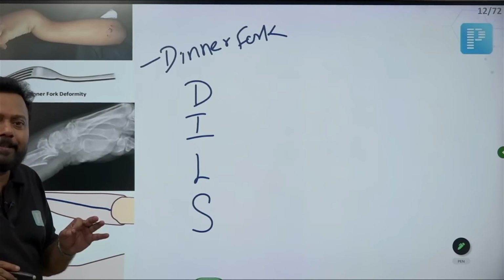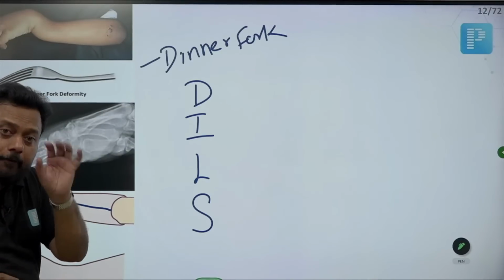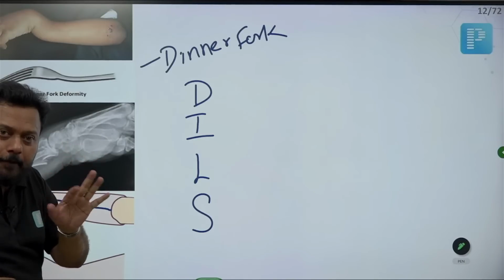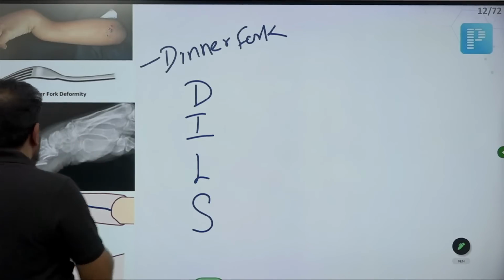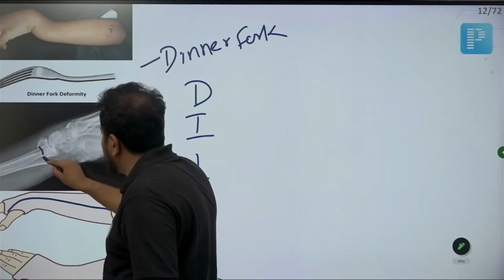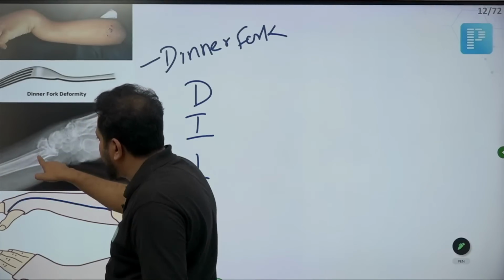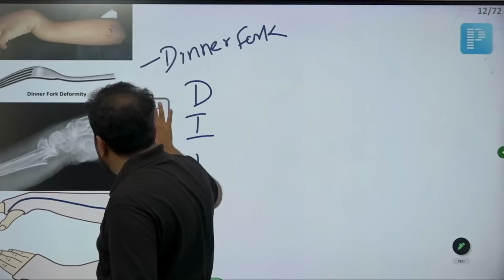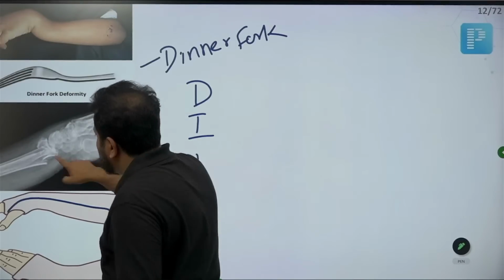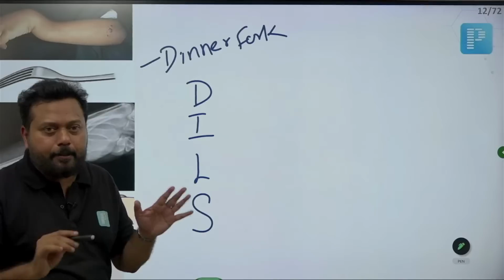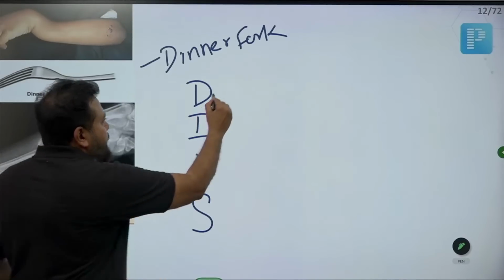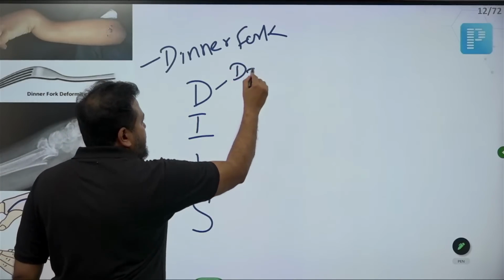All the displacements refer to the displacement of the distal fragment, not the proximal fragment. You see, this small chip is the distal fragment. The whole big thing is the proximal fragment. D stands for dorsal tilt.